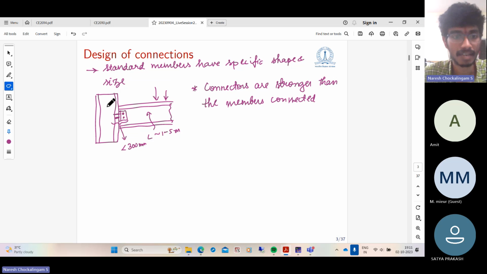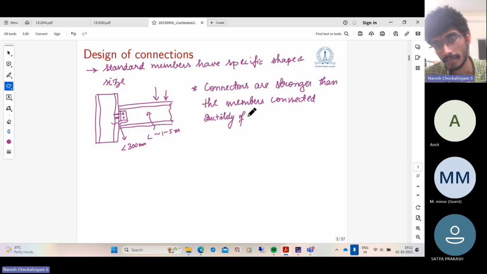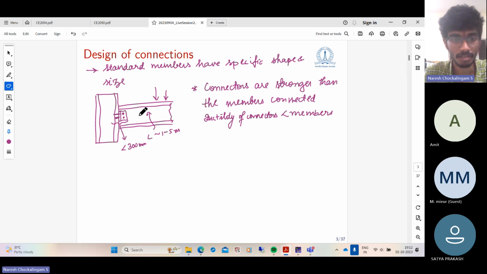Therefore, the ductility of a connection is much less than the members. The reason is the ductility of the connectors is much less than members. That is why we don't allow the connections to yield. We always design the connections assuming that they behave in a linear elastic manner up to the point of failure.